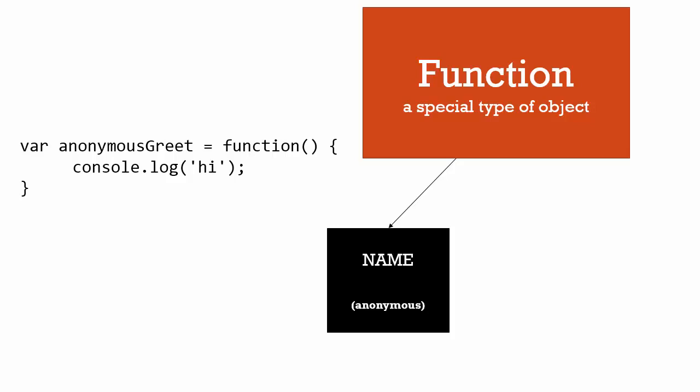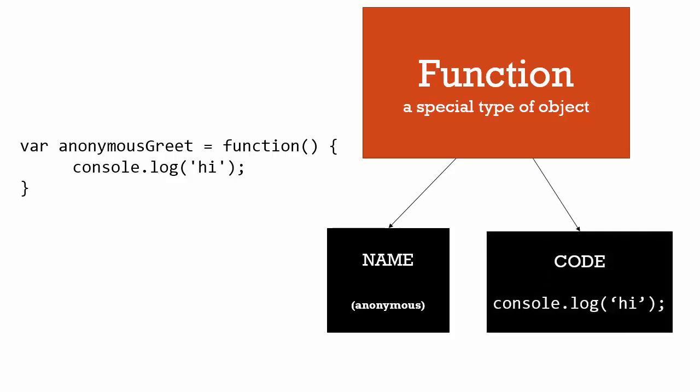You may have heard that phrase. That's all this really means. An anonymous function is a function that doesn't have a name in its name property. But that's okay because you can reference it with variable names that are pointing to the address where that object lives. And we have the same code property. The same line of code is inside of there. So how do we invoke this function?